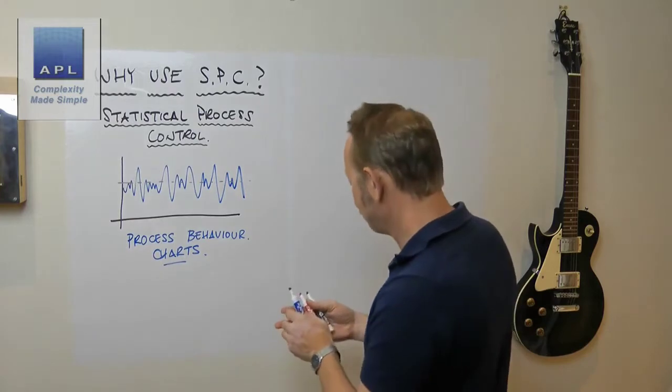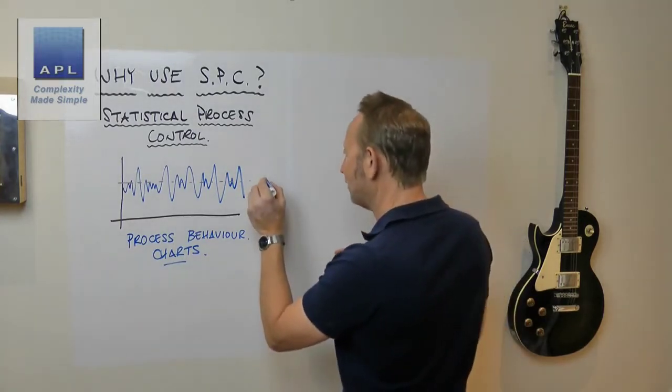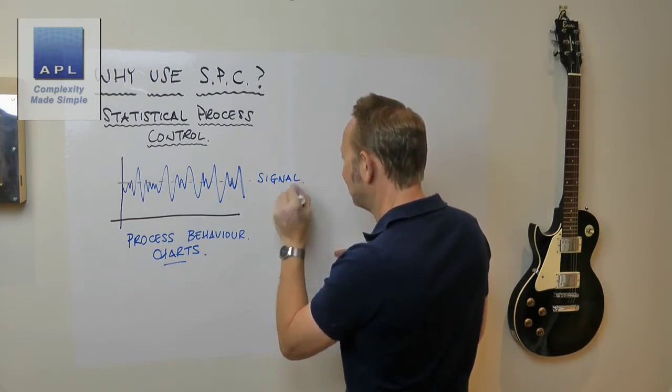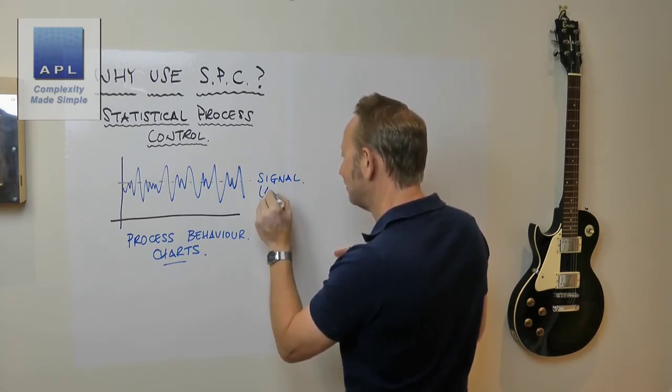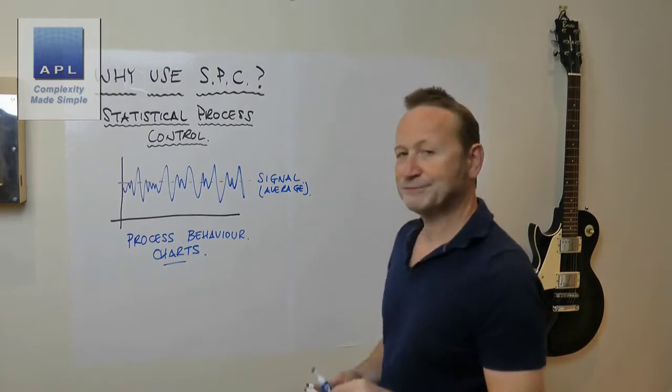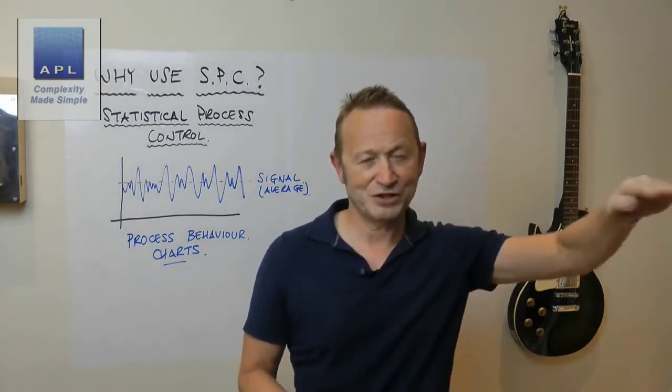One feature, which I've put on this diagram, is the signal. The signal is the average. So where's the process sitting? Where's the signal?